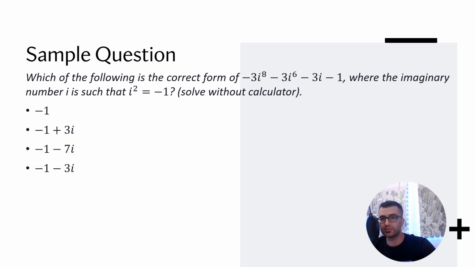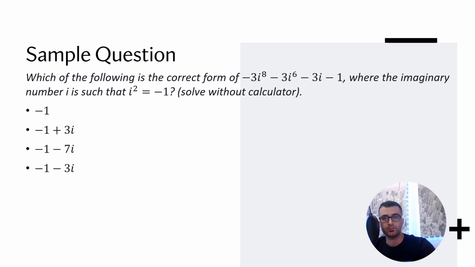It's impossible to have a squared number equal to a negative number, so that's why the question mentions imaginary. That's not our topic. You can imagine anything you want, and we're going to solve the question based on that assumption.